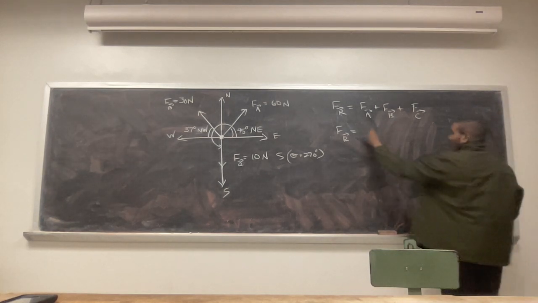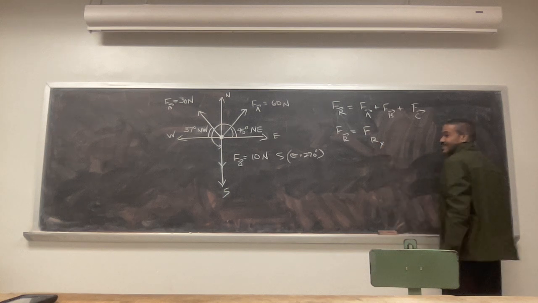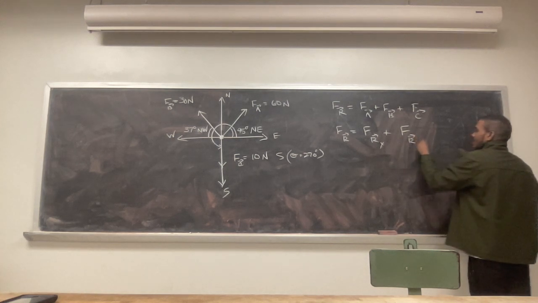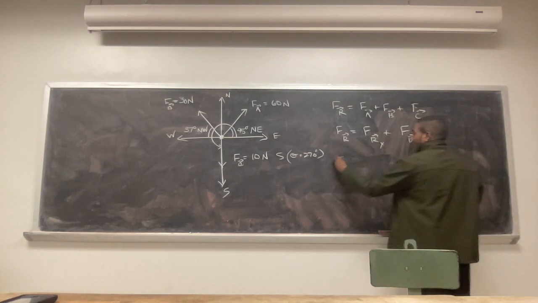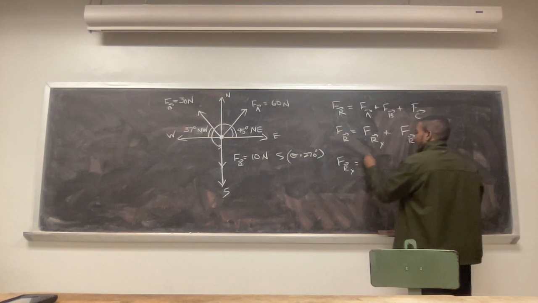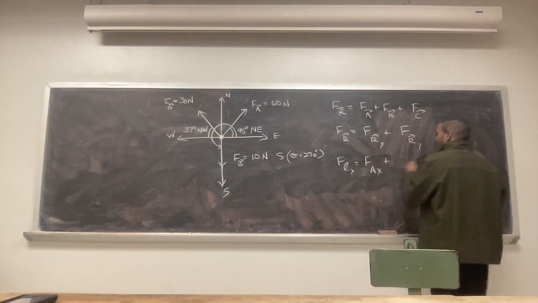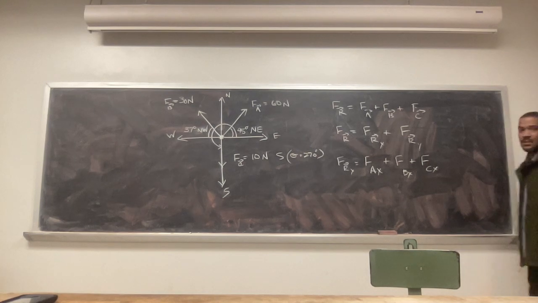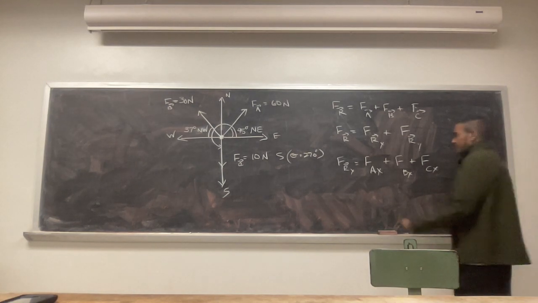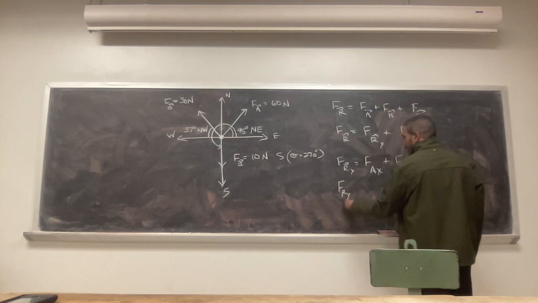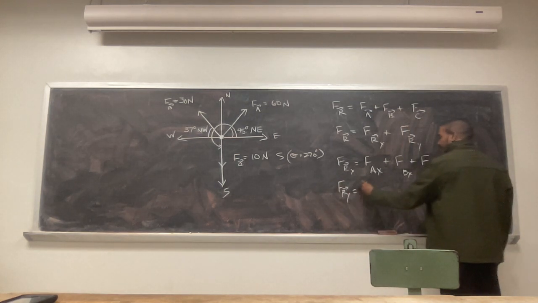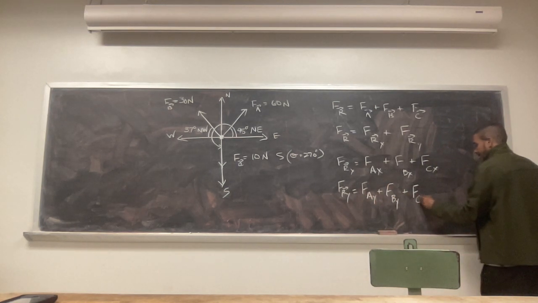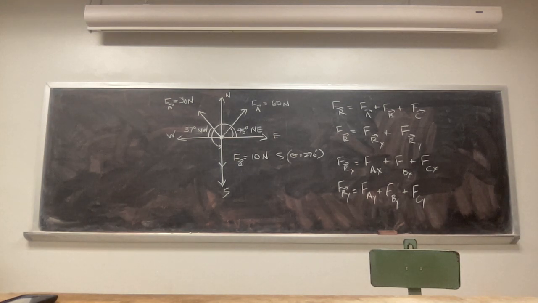So our resultant force has a component force R sub X and a component in the Y. Force R of X is force A in the X plus force B in the X plus force C in the X. Same is true for force R in the Y: F of A in the Y plus F of B in the Y plus F of C in the Y. See that?